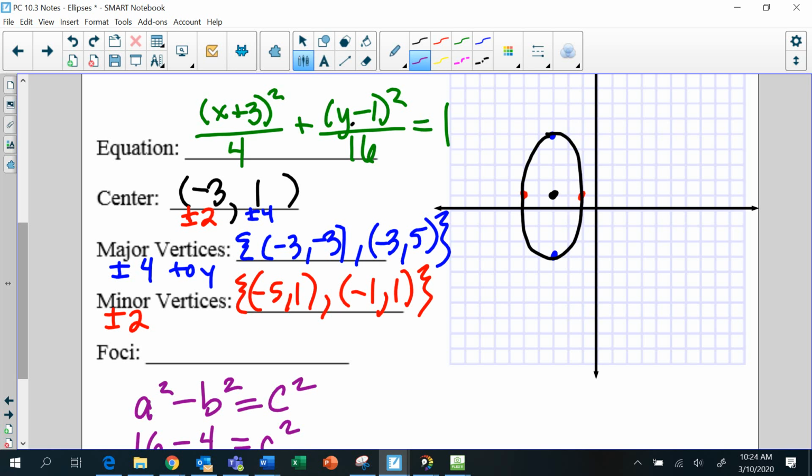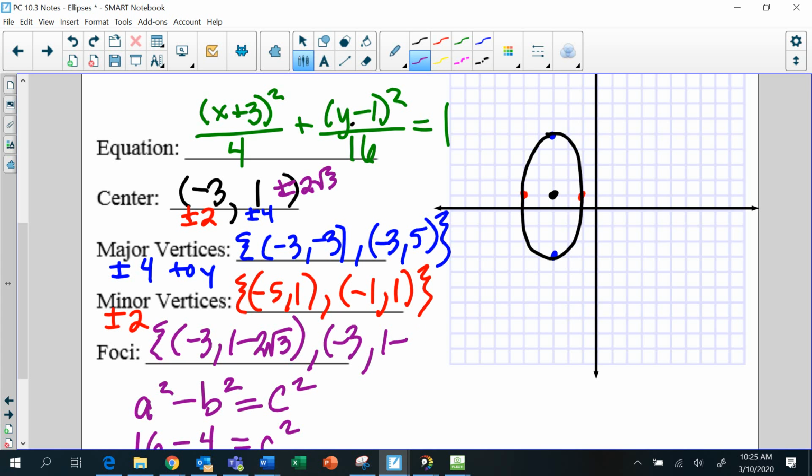So I'm going to add this plus minus 2 square root of 3 onto the y. But again, you go off the center. So my foci are going to be negative 3, comma 1 minus 2 square root 3, and negative 3, comma 1 plus 2 square root 3. So that would be the foci.